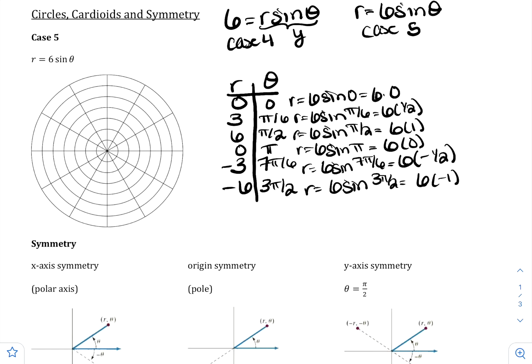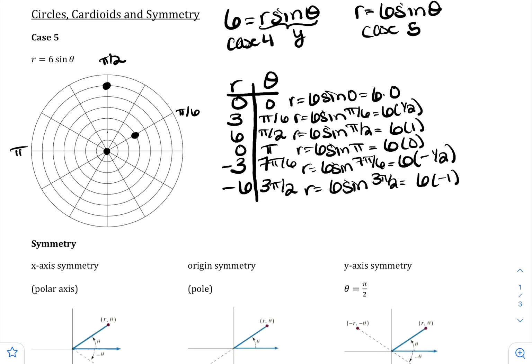So now we're going to plot those points. The first one is 0, 0. Okay, perfect. That's at the pole. Then I have pi over 6, which is right here. 3: 1, 2, 3. Positive 3, so I go forward. Then pi over 2 is 90 degrees, and I have 6: 1, 2, 3, 4, 5, 6. Then I have pi, and it's 0, so I already have that point.